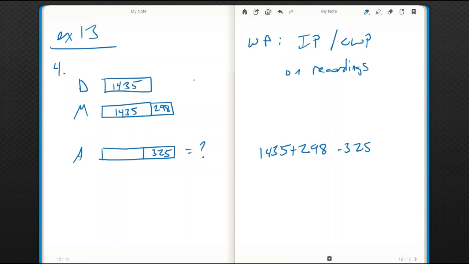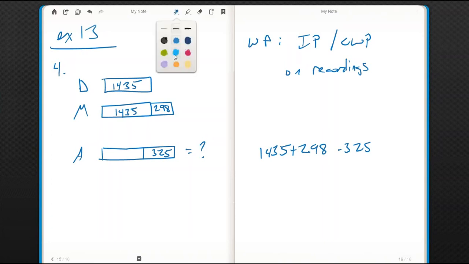And the way I think that makes sense with this, really, see if I can make it a good drawing here, is this picture, the part that I'm missing right here is 27, because this is 298 and I need 27 more to get to 325.